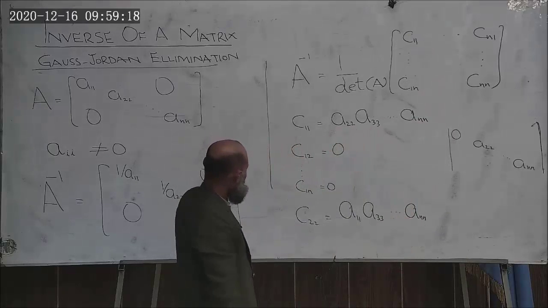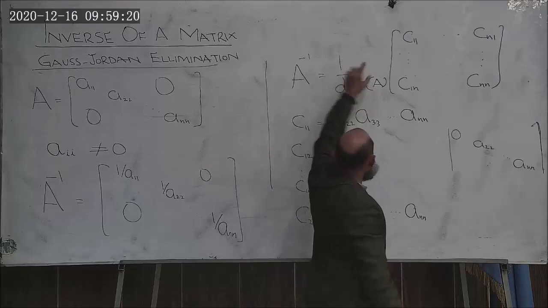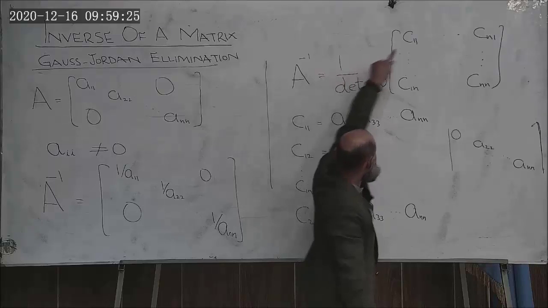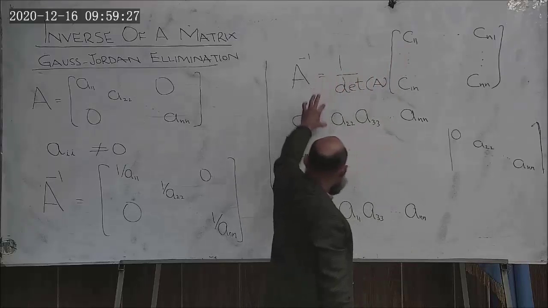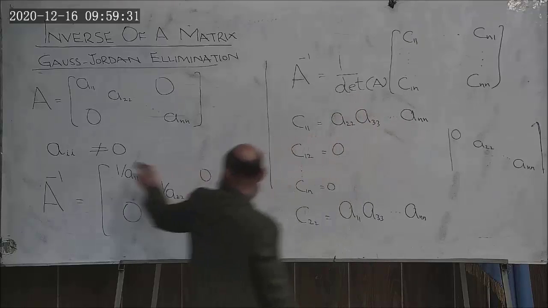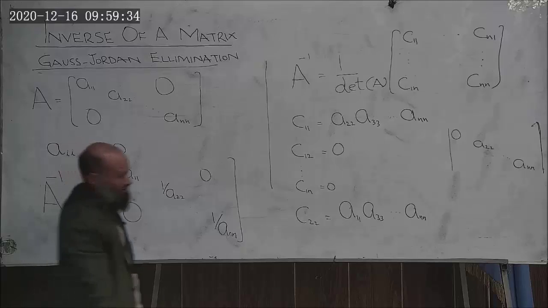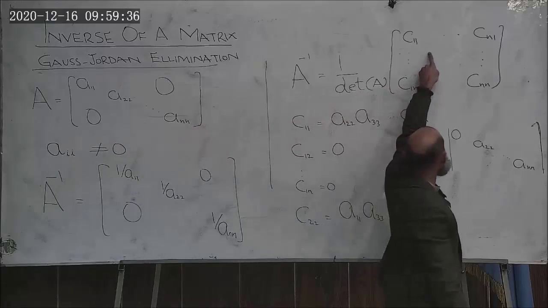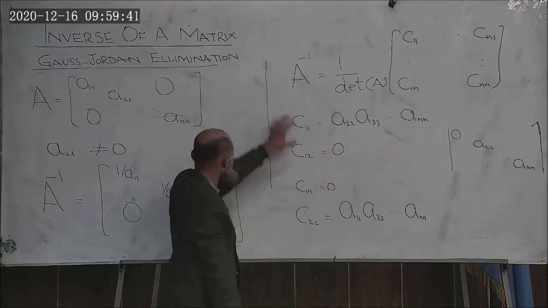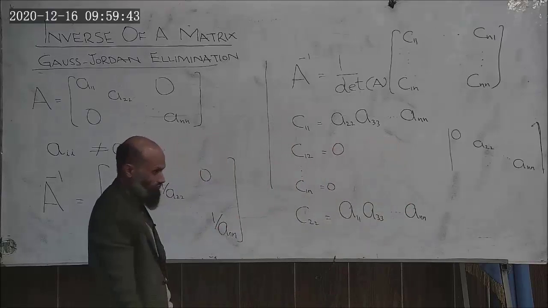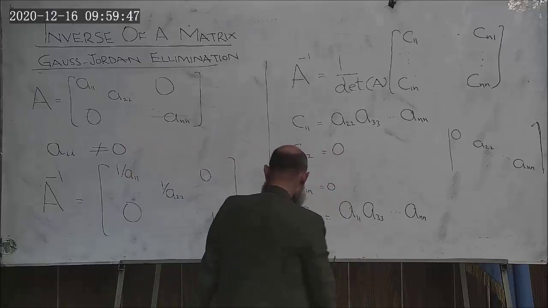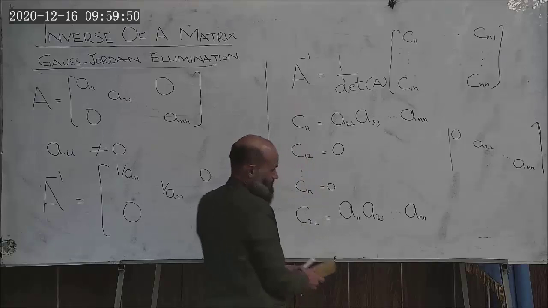So therefore this inverse is C11 divided by this determinant, that comes out to be equal to 1 over A11. Similarly, here the entry is C22 divided by this determinant, which comes out to be 1 over A22, and so on. Hence, this is the inverse of a diagonal matrix.